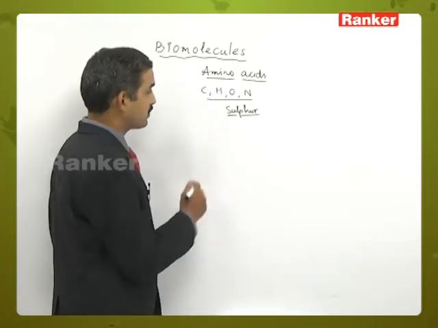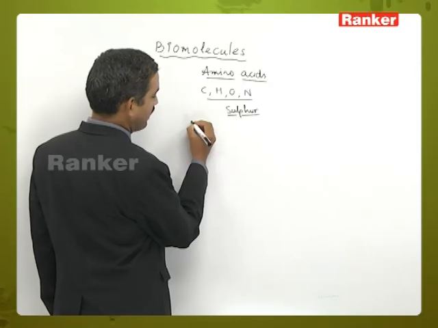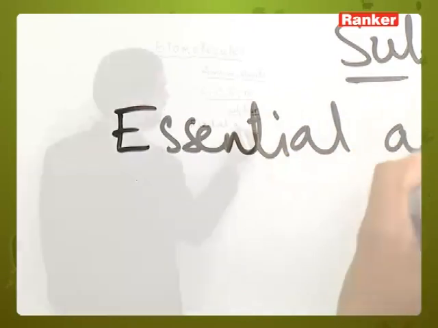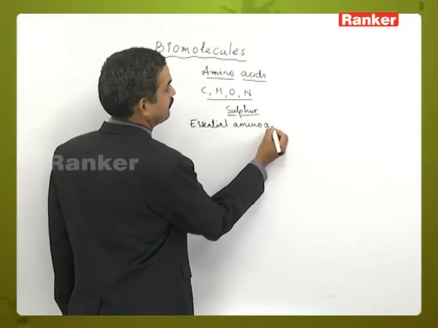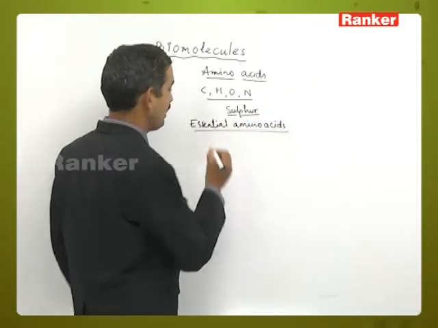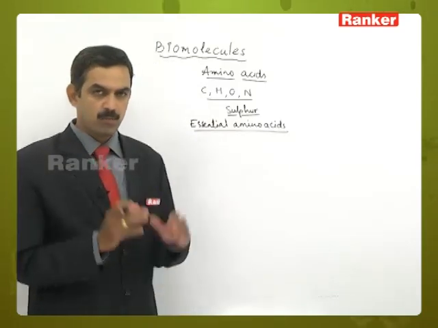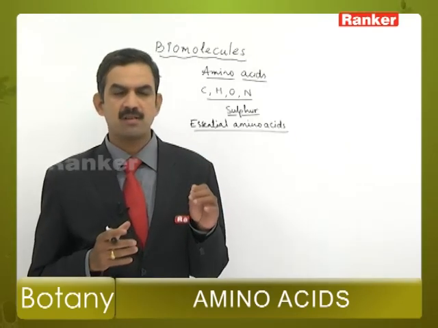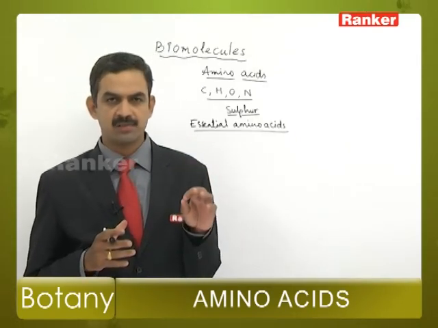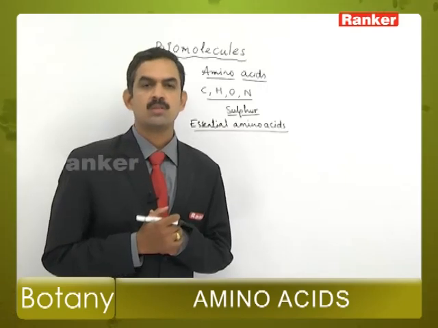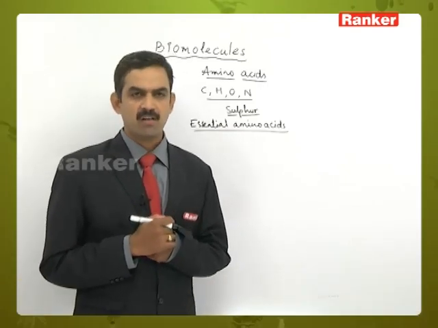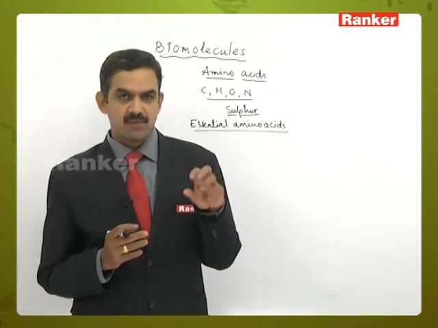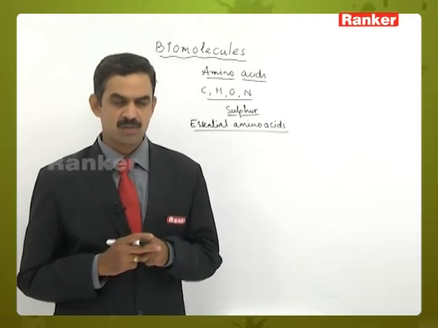Apart from this, there are some amino acids which are considered essential amino acids and non-essential amino acids. Before going to this, there are some amino acids which are synthesized by the plants directly, which are required for various metabolic activities and are useful for various functions also.